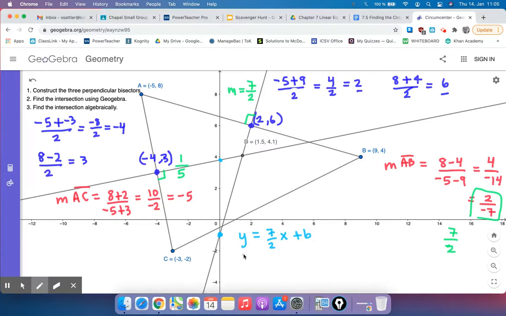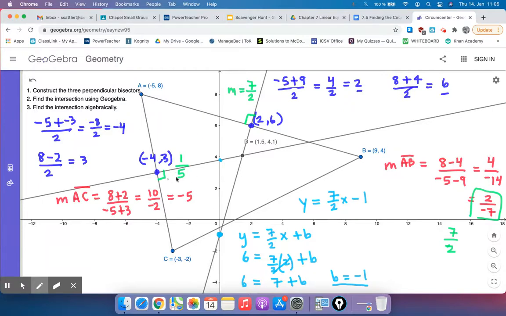So we plug in 6 for y and 2 for x, and we solve. 6 equals, these 2's are going to cancel out, so we just get 7 plus b. So that means that y-intercept is -1. And you can kind of tell. Okay, so the equation for that perpendicular bisector then is y equals 7 over 2 x minus 1.